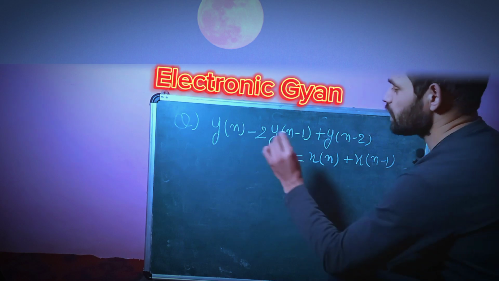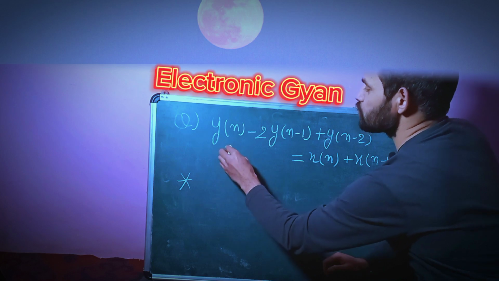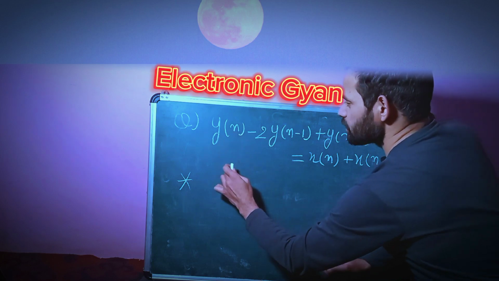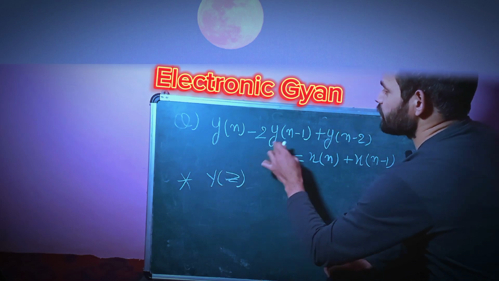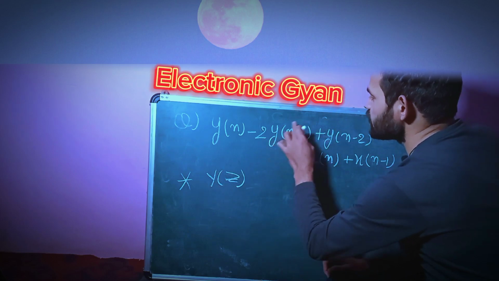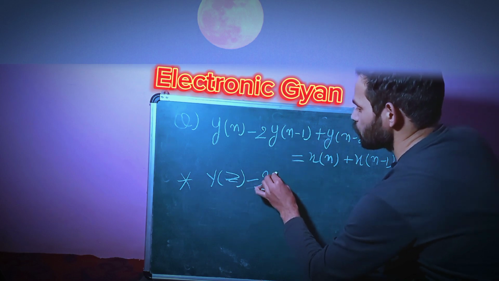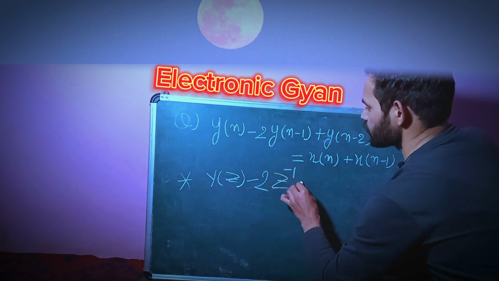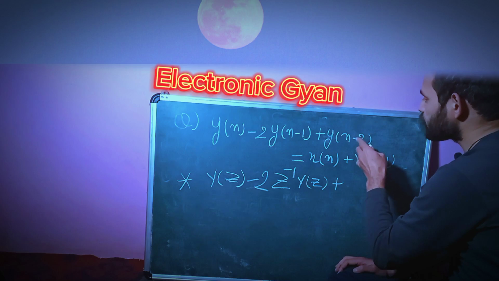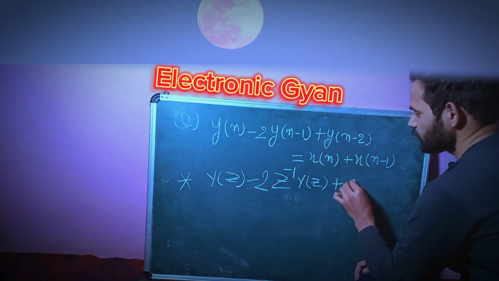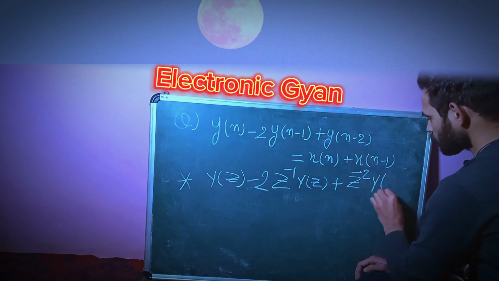So representation. Let us first take the Z transform on both sides. The Z transform of y of n is nothing but y of z, and the Z transform of y of n minus 1, which is delayed by 1 unit, will be 2 z inverse y of z, plus this is delayed by 2 units, so its Z transform will be z minus 2 y of z.